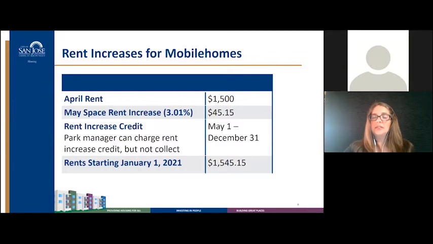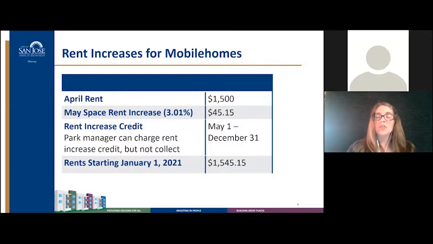So the concept is that these rent increases may be served, but a rent credit must also accompany the rent increase. And that credit will run for the term of the moratorium on rent increases.